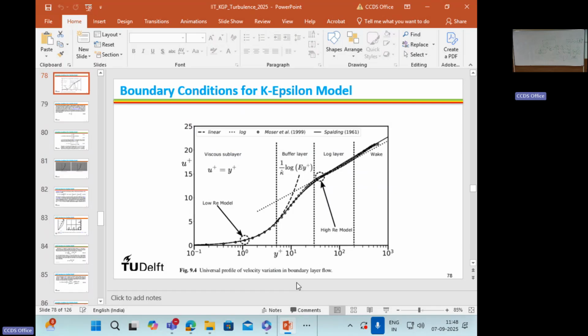They don't explicitly tell you how to write your own algorithm or code, or modify a standard code to do this thing, right? But if you are a developer developing code for open source software like Code Saturne, what you call OpenFOAM, okay? Then you need to know how these things are implemented, or in ANSYS Fluent, how these things are implemented.